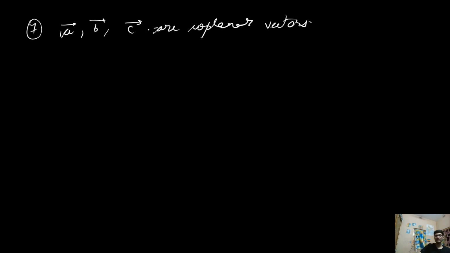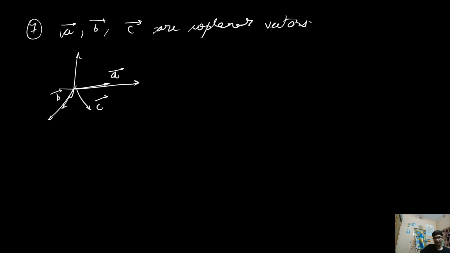Okay, so with this let us move to the seventh important property: if a vector, b vector and c vector are coplanar vectors, that means they all lie in the same plane. Now if all of them lie in the same plane, what can we comment on the volume of the parallelepiped?